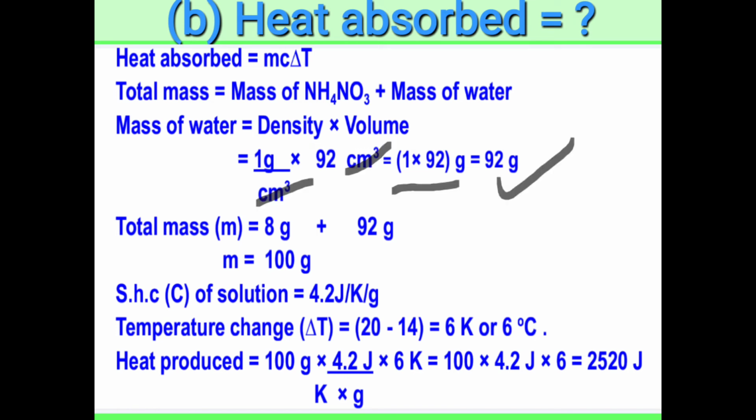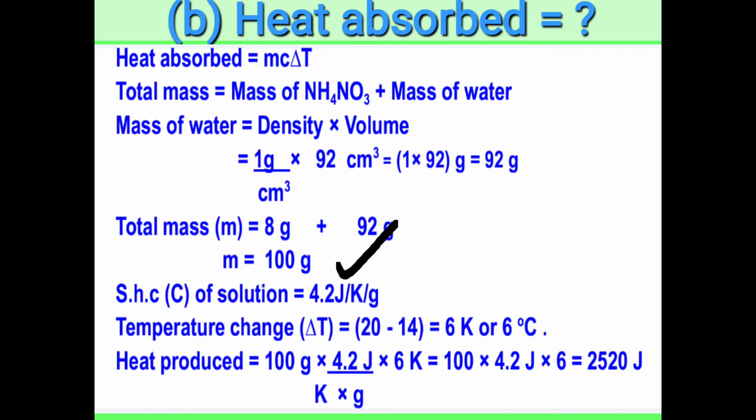So therefore, our total mass here becomes 80 grams plus 92 grams, where we are going to get 100 grams. So the total mass of the solution that was mixed, containing ammonium nitrate, is 100 grams.